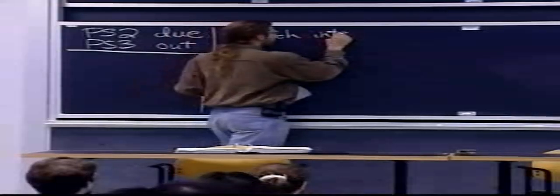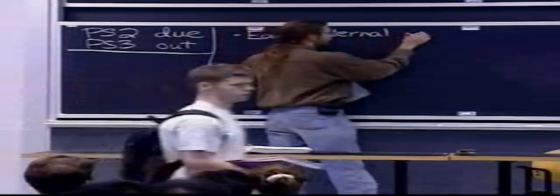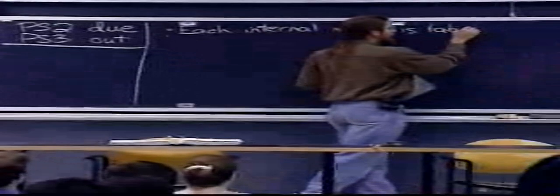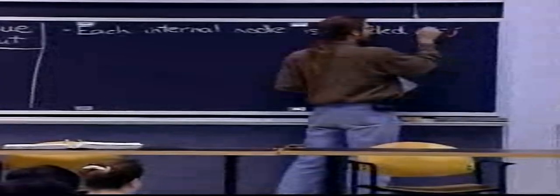Good. So the general form of a decision tree is each internal node is labeled i:j, which means compare AI with AJ.